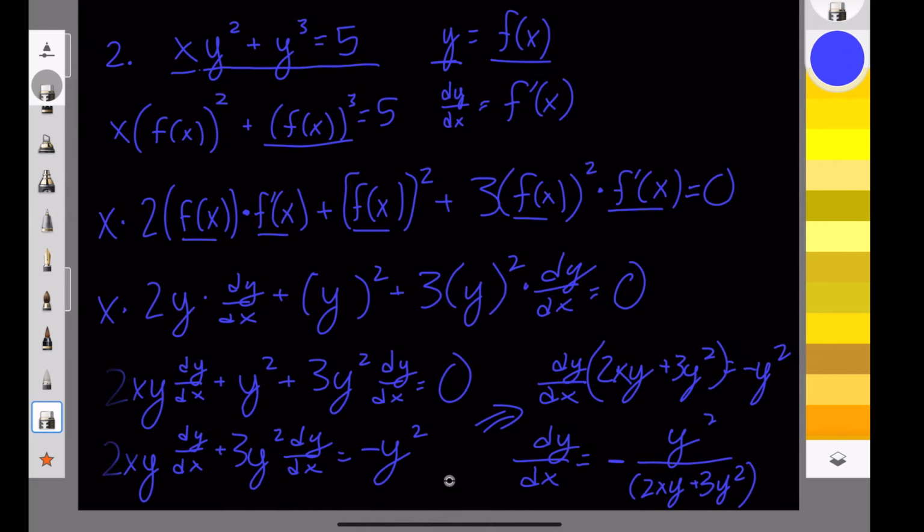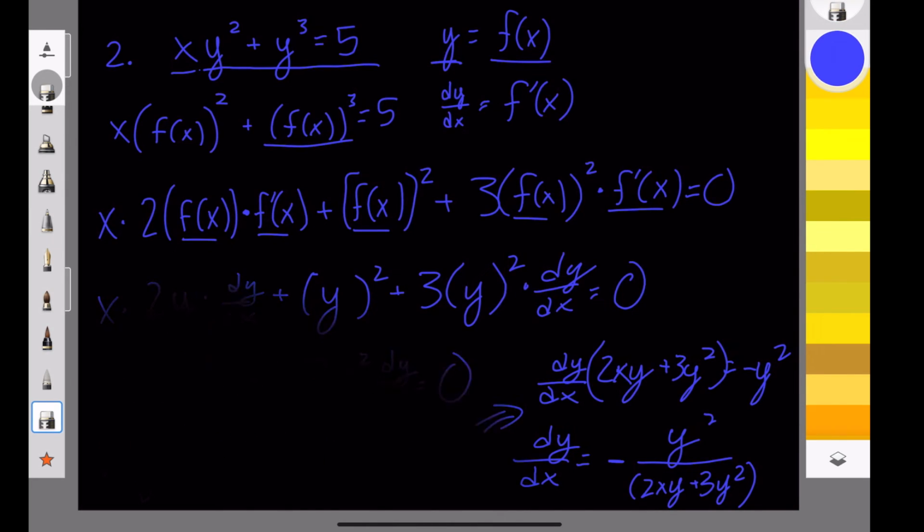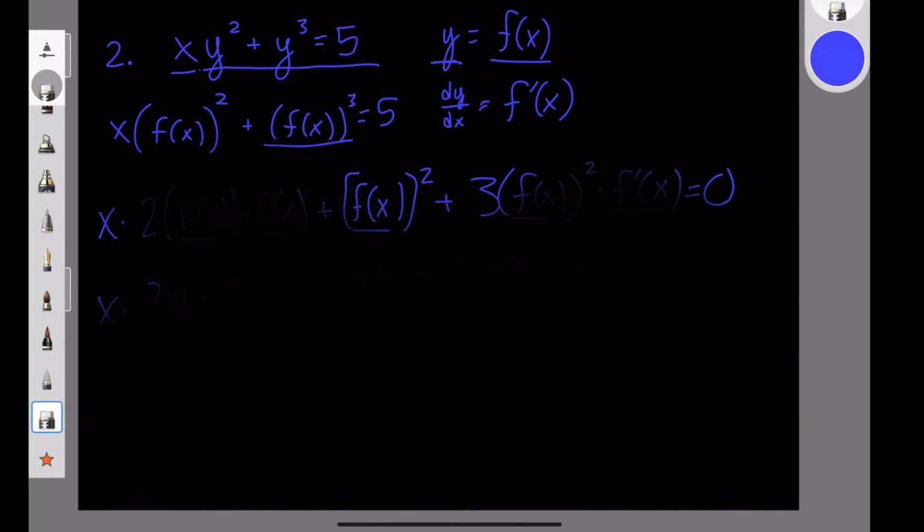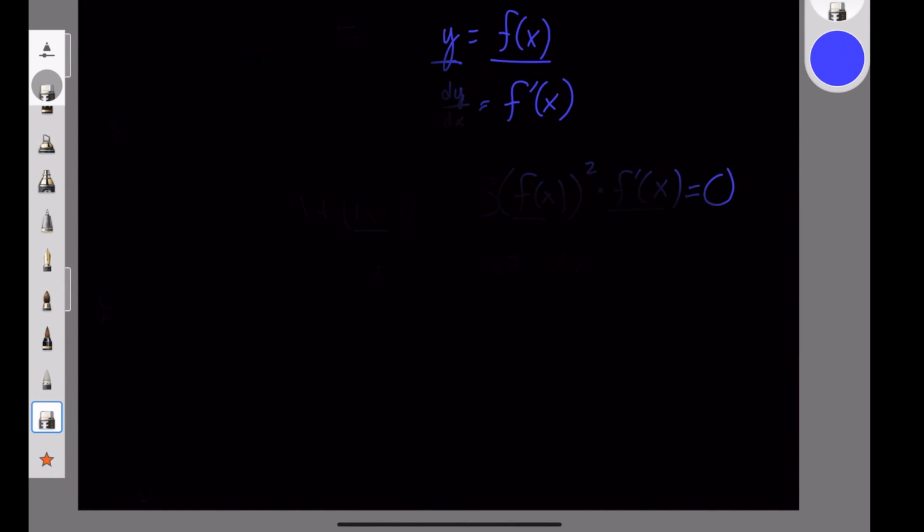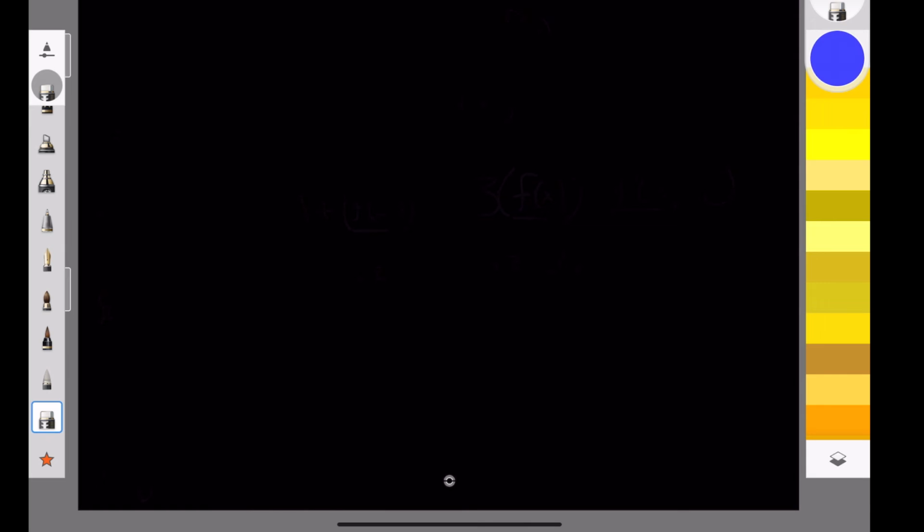And implicit differentiation works whether our variables are x and y, or let's say a and t, right? Sometimes your teachers might throw a curveball at you. They might give you a to the power of 4 minus t to the power of 4 is equal to 6a squared t, right? But they will always tell you how they want you to take the derivative, right?